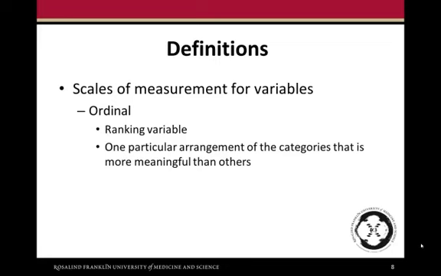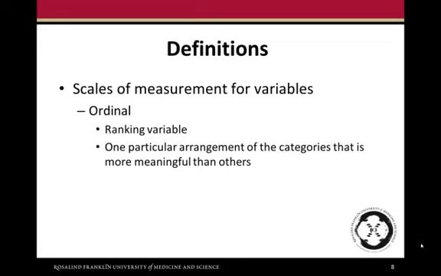Another example could be a headache pain ranking, going from no pain to slight headache pain to moderate headache pain and severe headache pain. With the headache pain example, a particular arrangement of these categories is much more meaningful than the other, right? Going from no pain to the most severe pain. And any other order would not be logical.